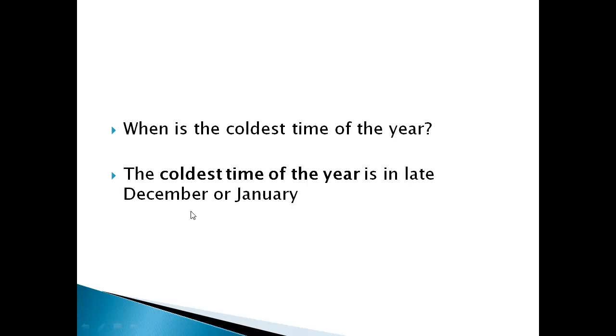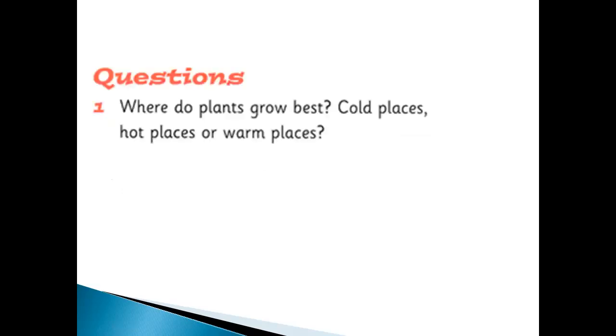These two months are almost the coldest, and after that, from the end of February, the weather starts to change. I'm repeating: the coldest time is December and January, and the hottest time is July and August.